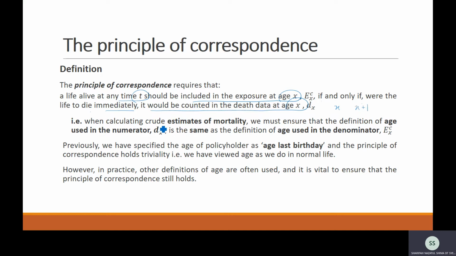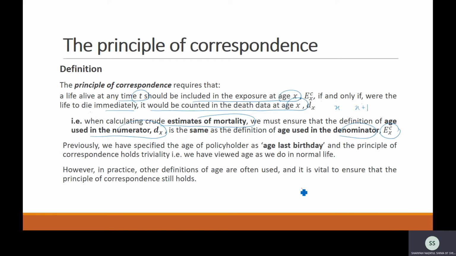For example, when calculating crude estimates of mortality, we must ensure that the definition of age used in the numerator, the deaths at age x, is the same as the definition used in the denominator, the total exposure.